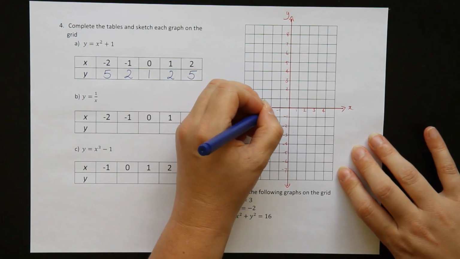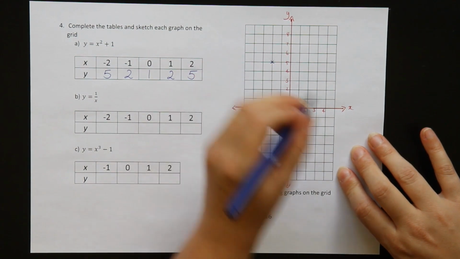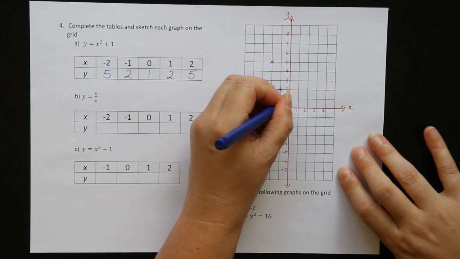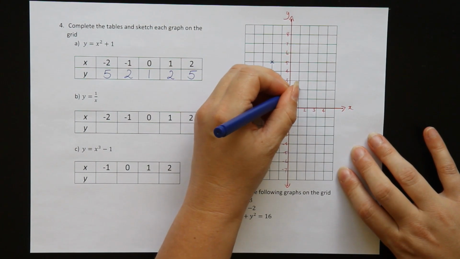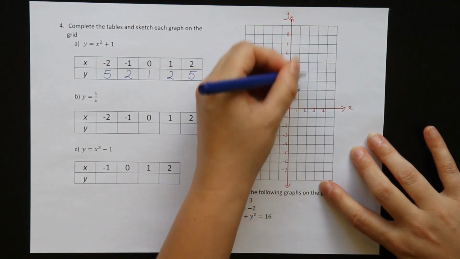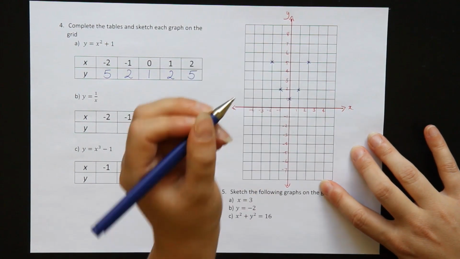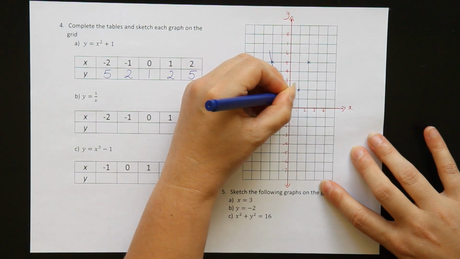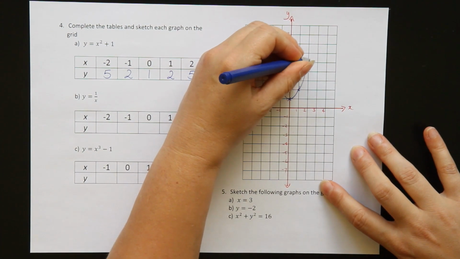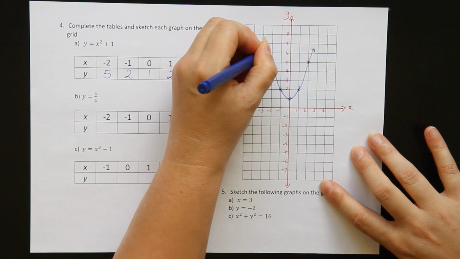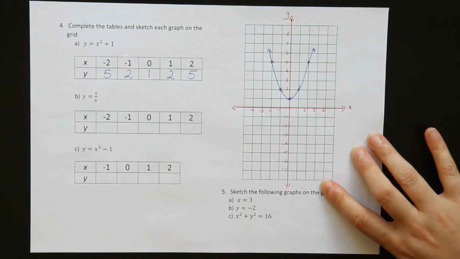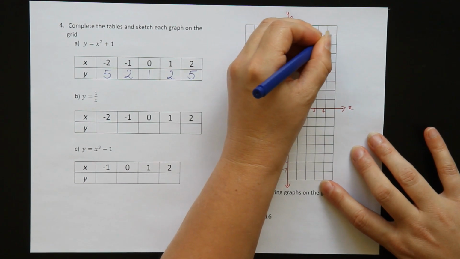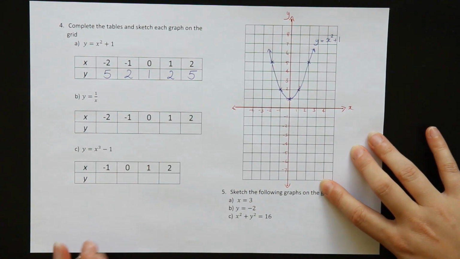Let's plot the points. Minus 2, 5. Minus 1, 2. 0, 1. 1, 2. And 2, 5. It's our normal parabola, but because we had that little plus 1 on the end, it's moved our parabola up off the origin one place. So that is y equals x squared plus 1.